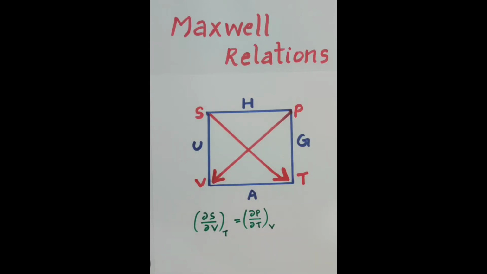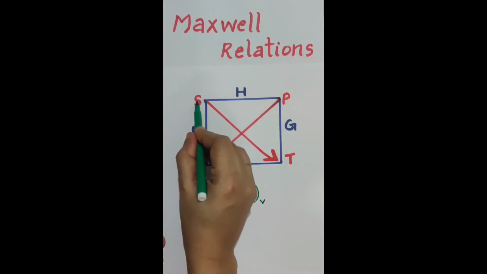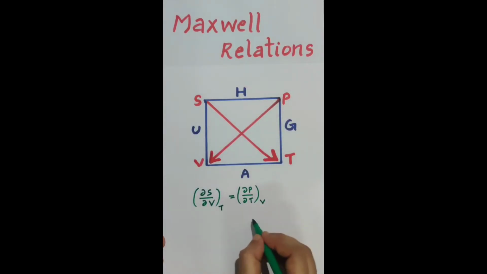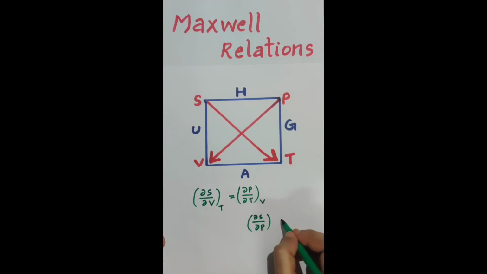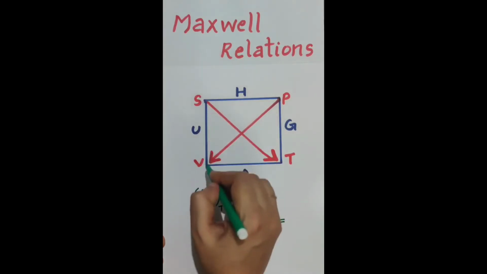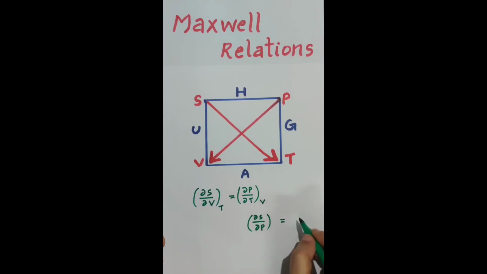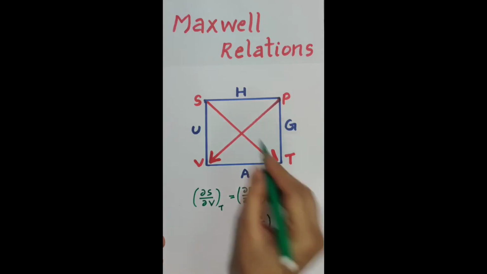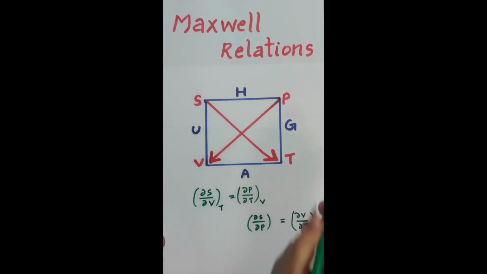Now next, the second Maxwell relation. Here we are taking SP, that is dou S by dou P, and opposite to S and P we have V and T, that is dou V by dou T. Next we have to write the constant terms.